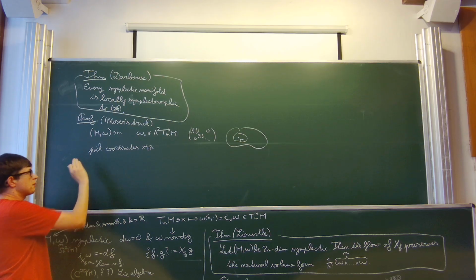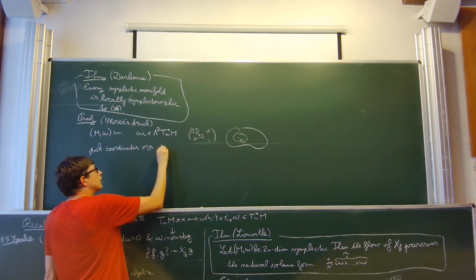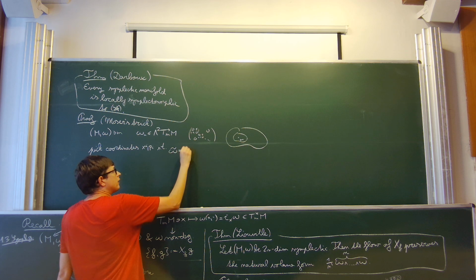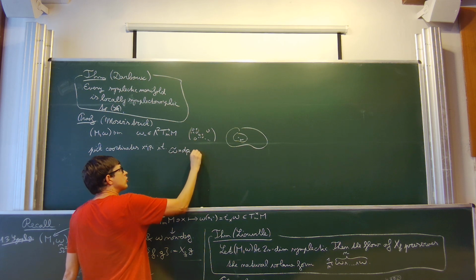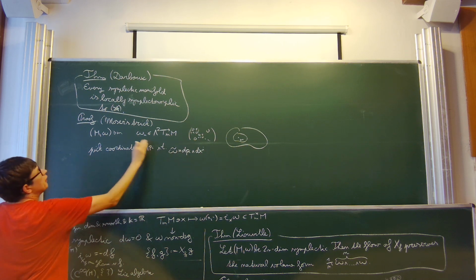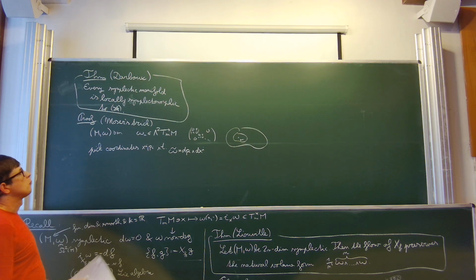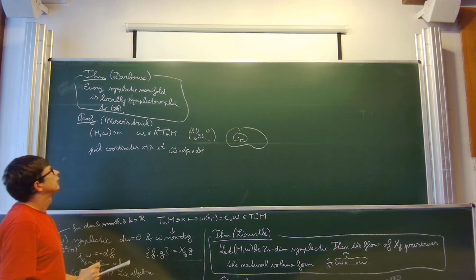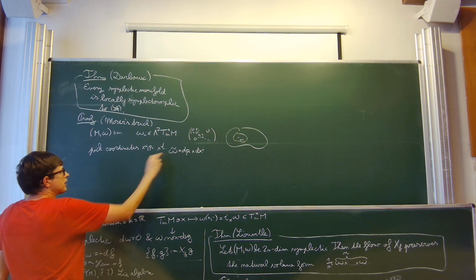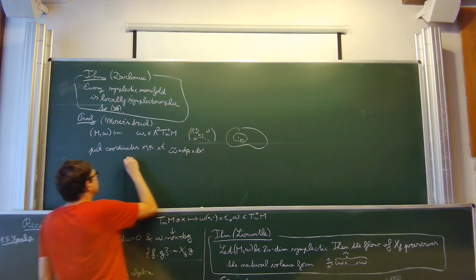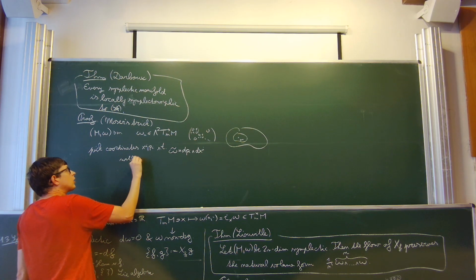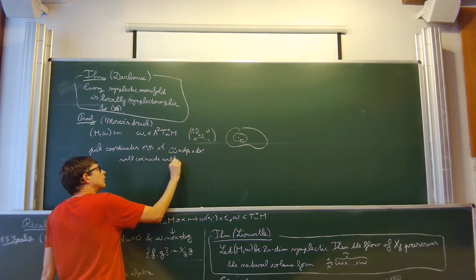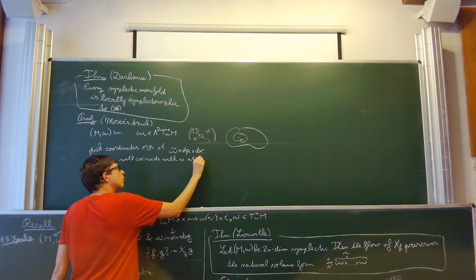And my first claim is that we can pick coordinates x and p such that we can define a new symplectic form, the sum of dp_i wedge dx_i. So this has a priori nothing to do with our previous omega. But I'm saying that pick some coordinates, and once you have the coordinates, construct these two forms. The claim is that I can pick this such that this thing will coincide with omega at the single point m.